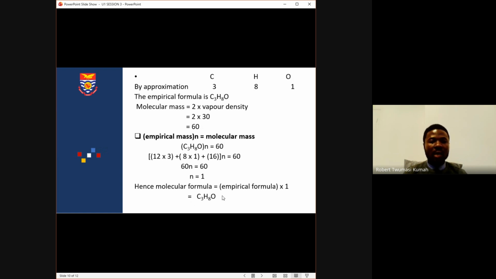So this is our molecular formula. That does not mean that when we got here, we could have just written this as the empirical formula and also the molecular formula without showing it. Because working it out, we could have gotten a different number here. So we can't just write that the molecular formula is also this. You need to work it out. We have this because we have worked it out, and that is the answer we had.